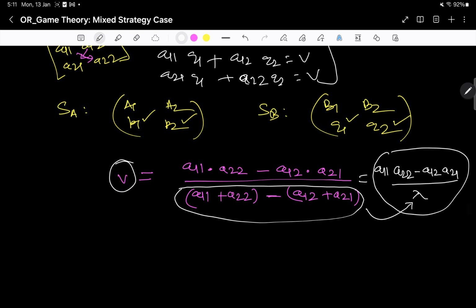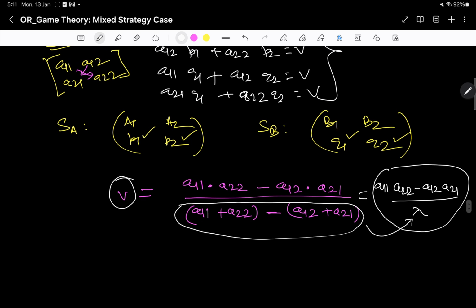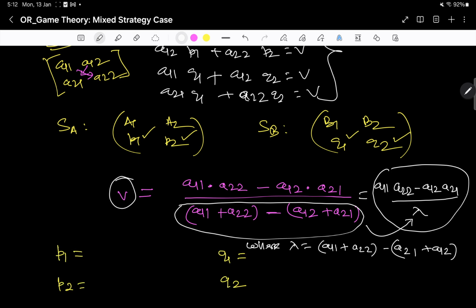Now what is my P? My P1 is equal to A22 minus A21, divided by lambda.